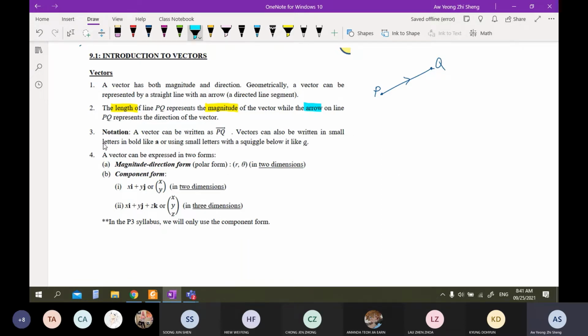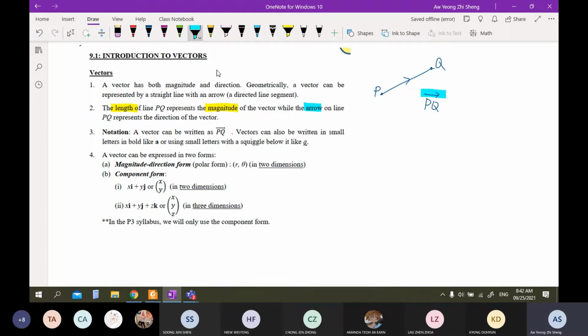Okay. Point number three, notation. A vector can be written as PQ with an arrow above it. And so if it is a vector connecting point P to point Q, we can call it PQ with an arrow above it. And it is important for us to write the arrow on top.